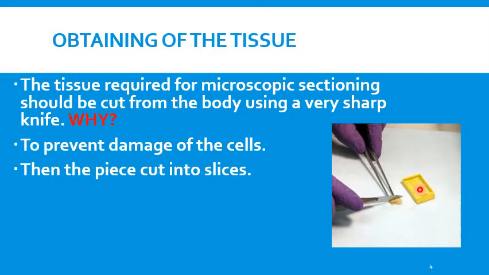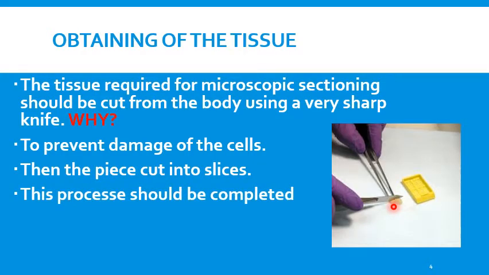Then the piece is cut into many pieces or slices. And this process, obtaining of the tissue, should be completed as soon as possible. Why? To prevent damage of the cell also.